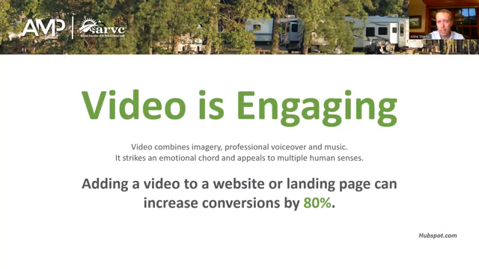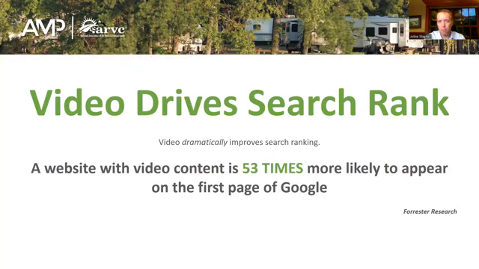Video is super engaging. If you add a video to a website or a landing page, it can increase your conversions by 80%. That's not my statistic. That's from an authority in our industry, HubSpot.com. Video is incredibly influential in ranking well online. This statistic is becoming a little bit dated, and I don't have a newer one, so I'm still using it.